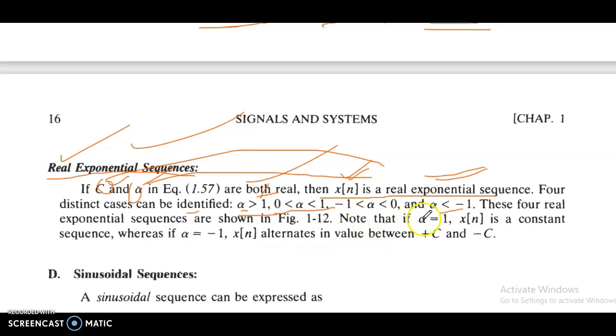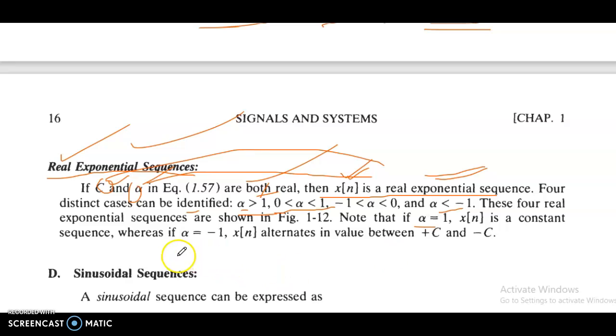Note that if alpha is 1, x of n is a constant sequence. Whereas if alpha is minus 1, x of n alternates in value between plus c and minus c. That is, if alpha equal to 1, x of n is a constant sequence.